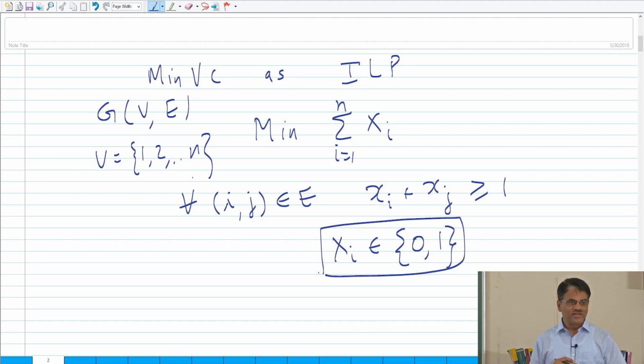What did we do? We reduced from vertex cover, right. We have actually given a reduction from vertex cover to integer linear program.